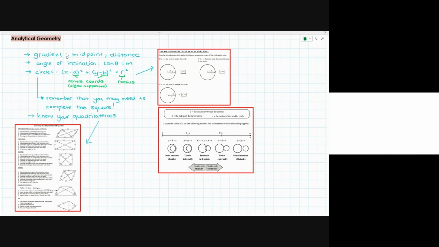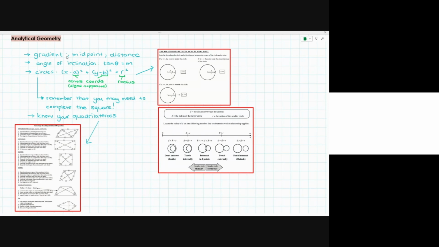And again, you need to know the characteristics in order to prove it. So the properties of your quadrilaterals are so important. What I will do in a second is zoom in on that in case you want to take a full screen screenshot, but you have to know them. There's not much more I can say about that.